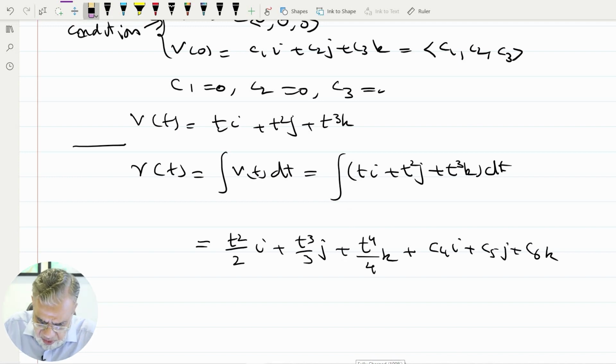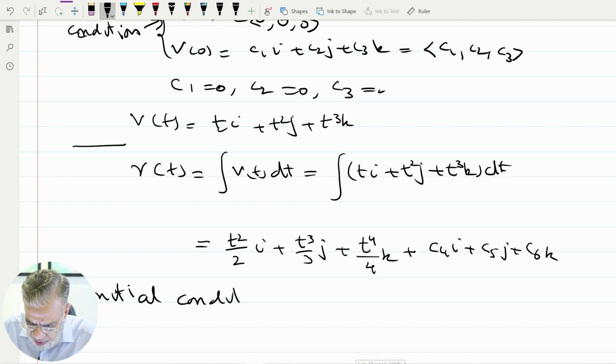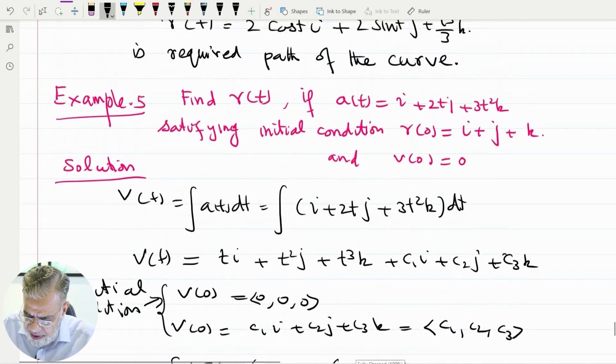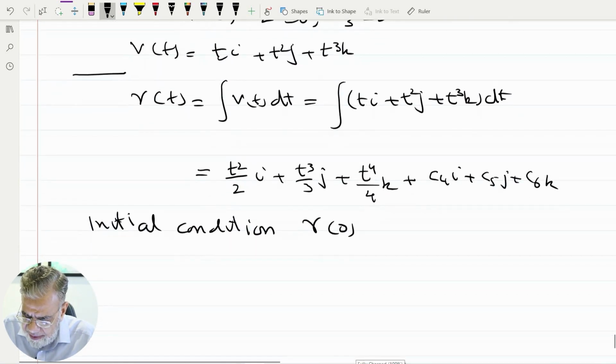Now we have the given initial position for r of t at t equal to 0. Our initial condition at t equal to 0, r0, is given to me as i plus j plus k.